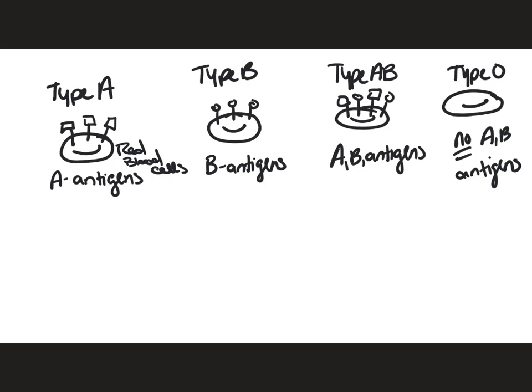And we have type A blood would have A antigens on their red blood cell, type B would have B antigens, and so on and so forth. But now, whenever you're born with any one of these types of blood, you not only have these antigens on the surface of your red blood cells, but you also have antibodies naturally found in the body.